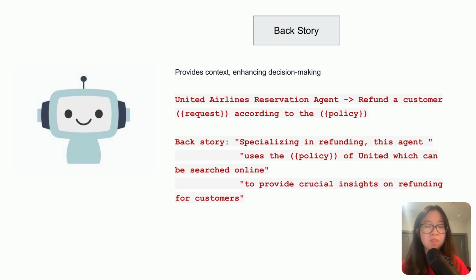This agent uses the United Airlines policy, which can be searched online and will be provided by using a tool later, and provides crucial insight on refunding for customers. So this is just like a standard prompt, to make sure that we provide more context to help the agent make decisions.